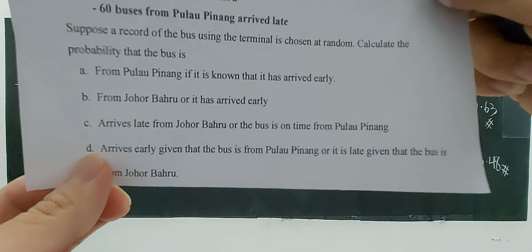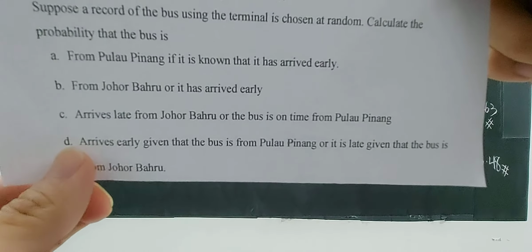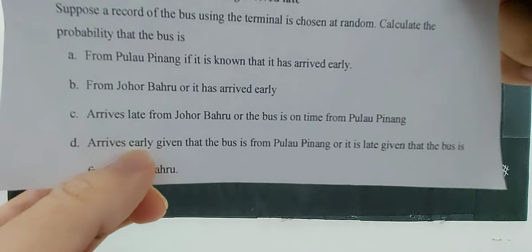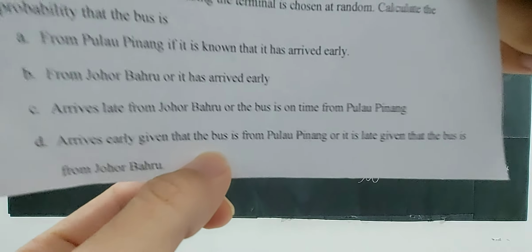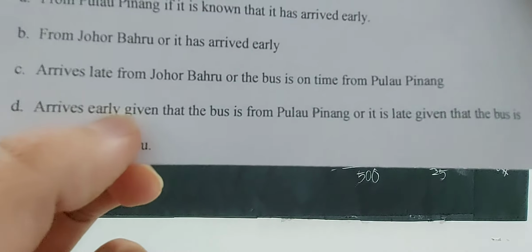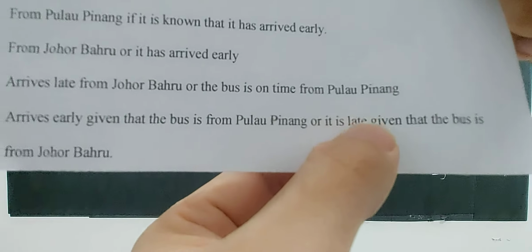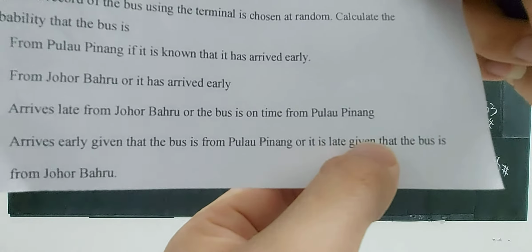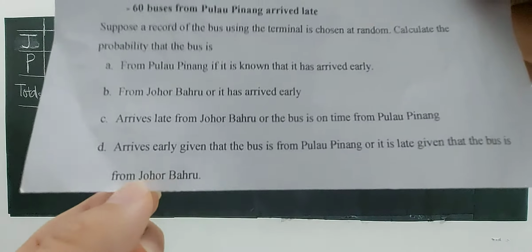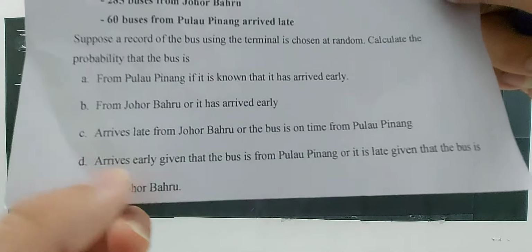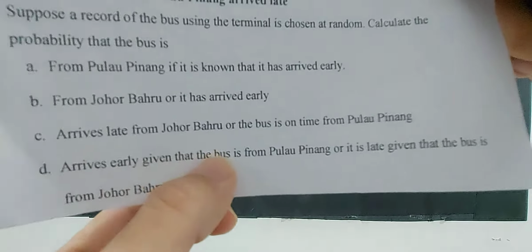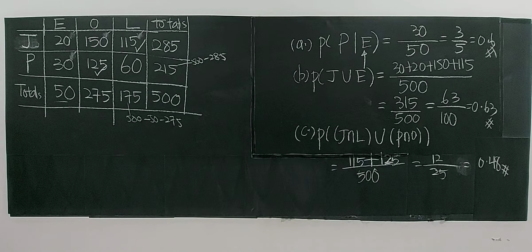The question is asking: arrive early, given that the bus is from Penang, or late, given that the bus is from Johor Bahru. Arrive early, given that the bus is from Pulau Pinang, right?